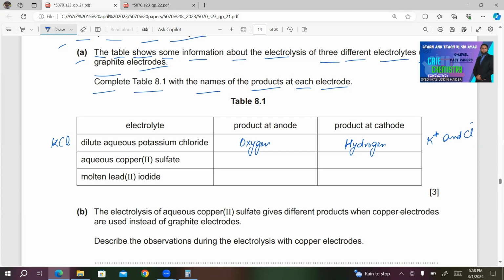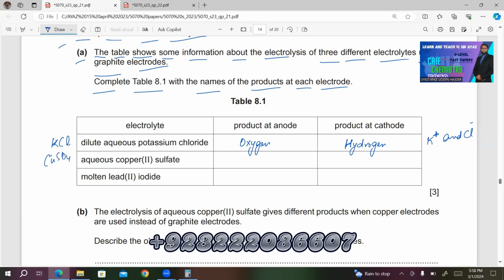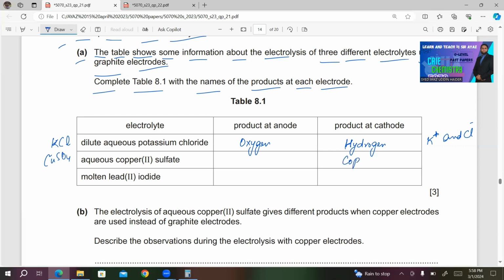What about aqueous copper 2 sulfate? It's CuSO4. Cu positive ion is below hydrogen, so you must get copper at cathode. What about anode? We have graphite electrode, so you will get oxygen again here in this case.